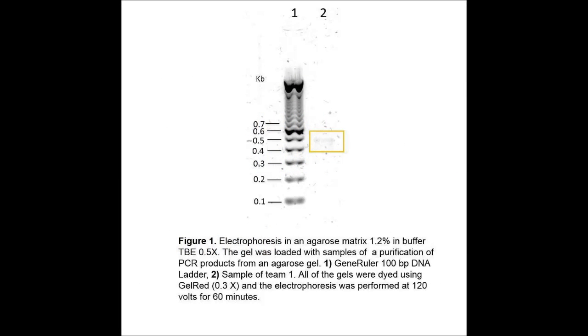In the first lane of figure 2 is shown the GeneRuler 100 base pair DNA ladder, and in the second lane we can observe our PCR product purified from a 0.8% agarose gel, and we can see that the sample shows some degradation, but it did migrate to the expected size.